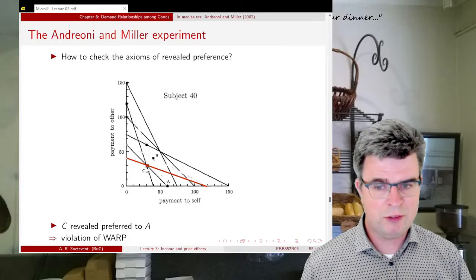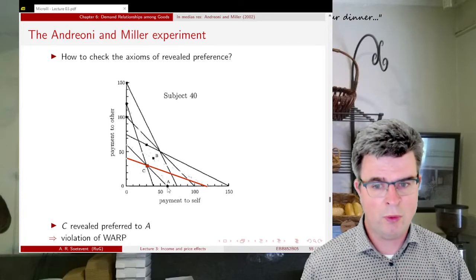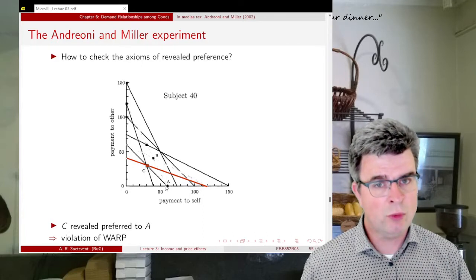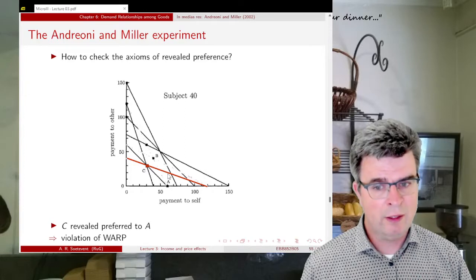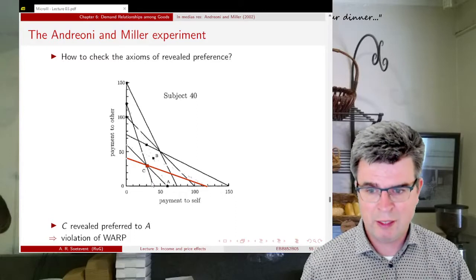So this means we observe the subject choosing bundle C, although he could afford bundle A at a lower price because it's inside the budget set, so some money would be left.